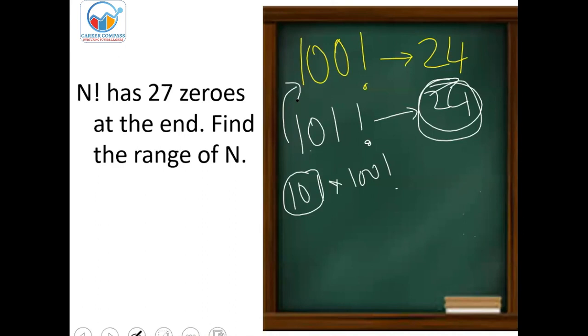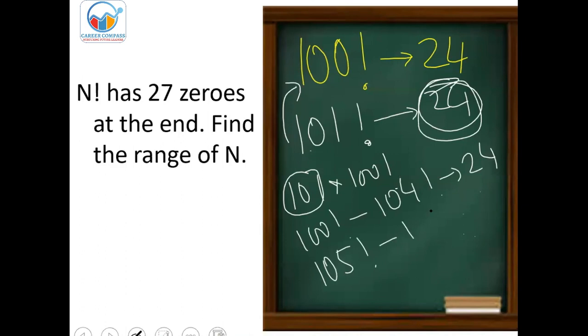Right, guys? Hence, I can say that from 100 factorial up to 104 factorial, I'll have 24 zeros, because I will not find any new 5 up to 104. The moment I have 105, I'll bring a 5, no? That will continue up to 109, where in each of these numbers, I'll have 25 zeros.